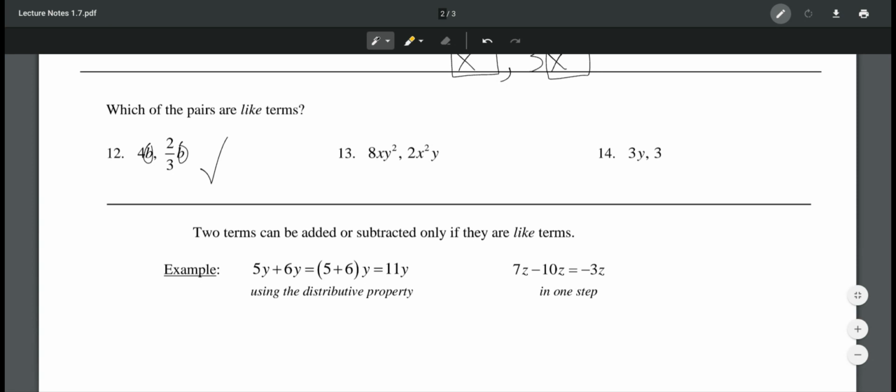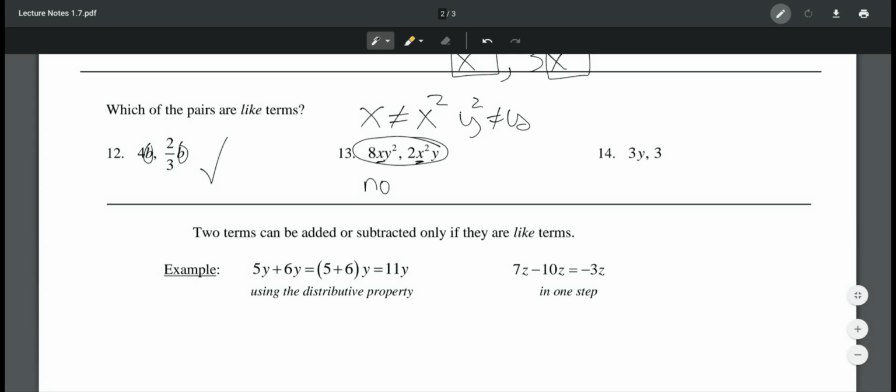These two are not like terms because I have an x here, but I have an x squared here. x does not equal x squared. y squared does not equal y. So my variables do not have the same exact exponents.